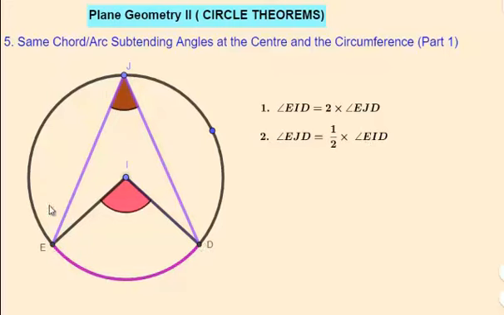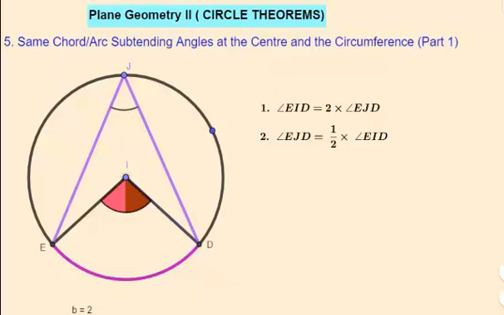That is, the angle at the circumference is half of the angle at the center. And by moving the angle at the circumference onto the angle at the center, you all observed that that is true.